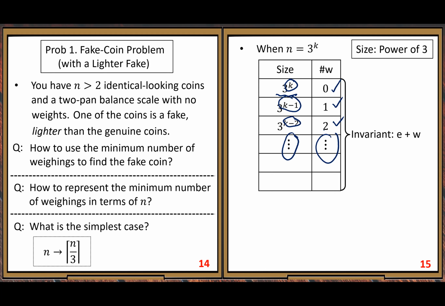But after we know the invariant, E plus W equals K, now I ask you: if in some row of the dot, dot, dot this number is 16, what is the corresponding exponent number? Do not look at the base 3. Only tell me the exponent number.